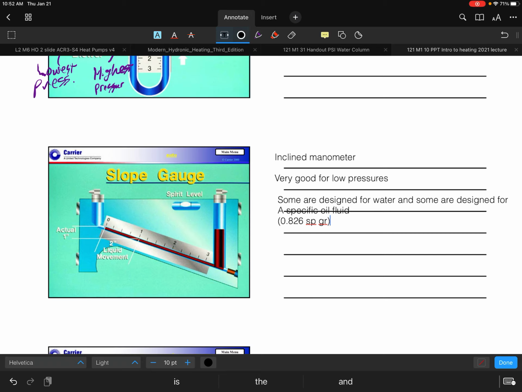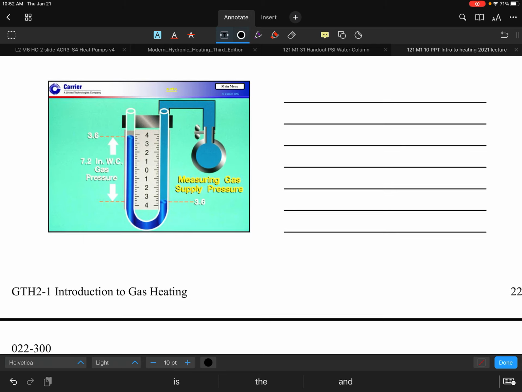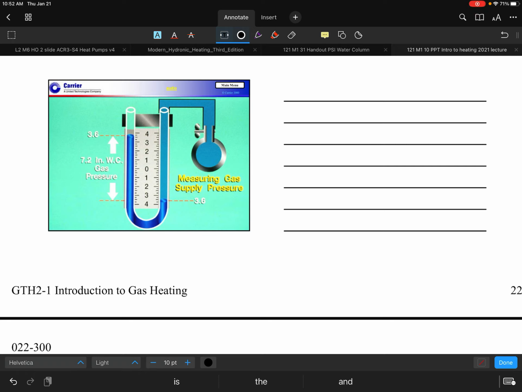And you just have to know which fluid that you're using. You have to make sure you're using the right fluid. It's not the same. All right.